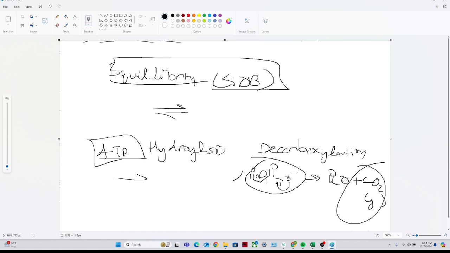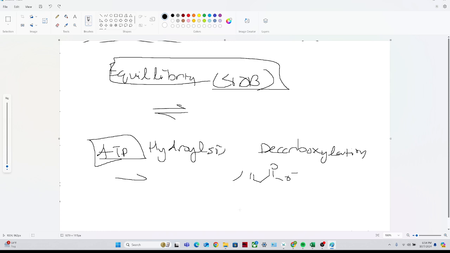You also go from one molecule to two molecules. Entropy, huge. Okay. And so with that being said, decarboxylations and ATP hydrolysis are typically not equilibrated back and forth. And finally, radical reactions.